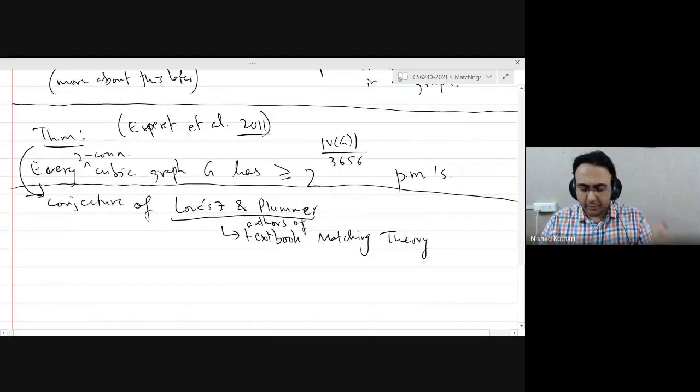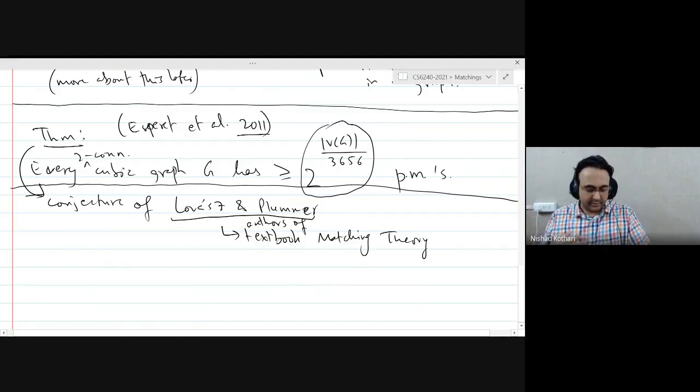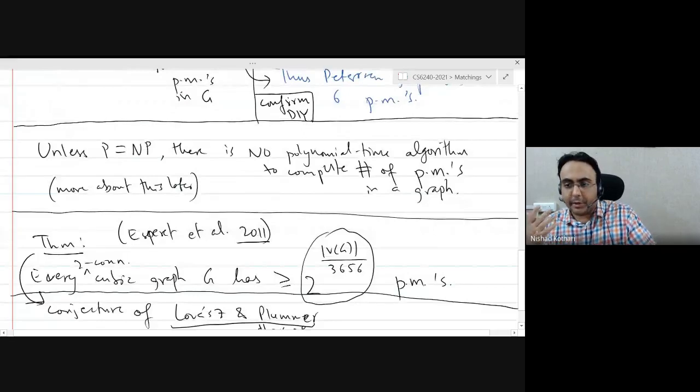Of course, for small cubic graphs, this doesn't mean much, because this quantity is really small for a small cubic graph. But as you increase the number of vertices, it is telling you that there are exponentially many perfect matchings in a cubic graph. So that kind of makes sense, because if there are exponentially many perfect matchings, how exactly do you count them in polynomial time?